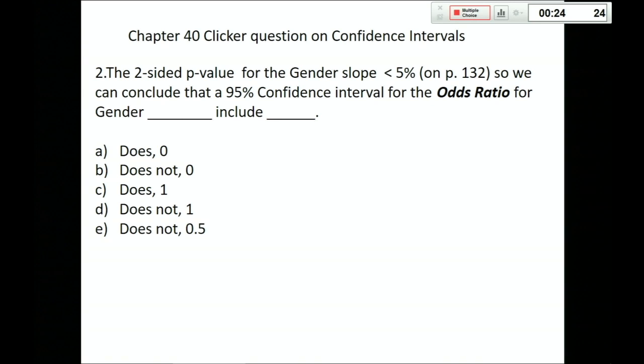We filled in those blanks, and we just got the endpoints. What would you conclude here? Choose one of these.